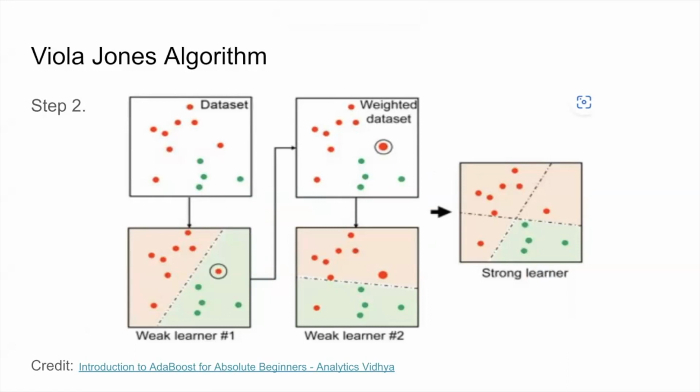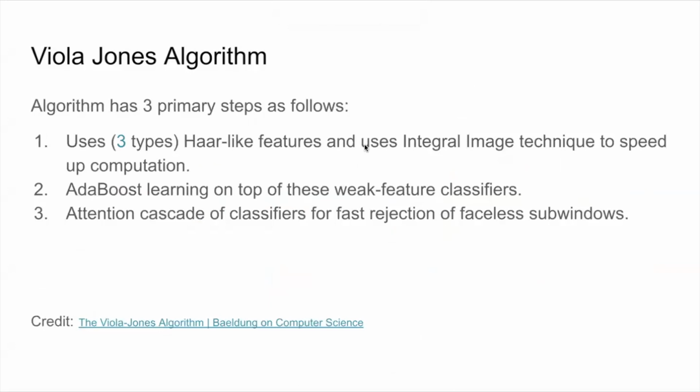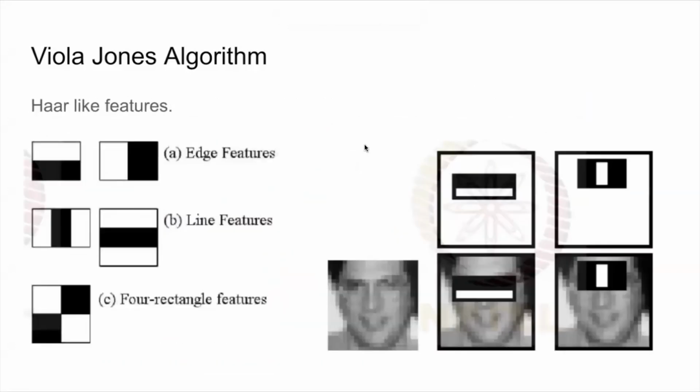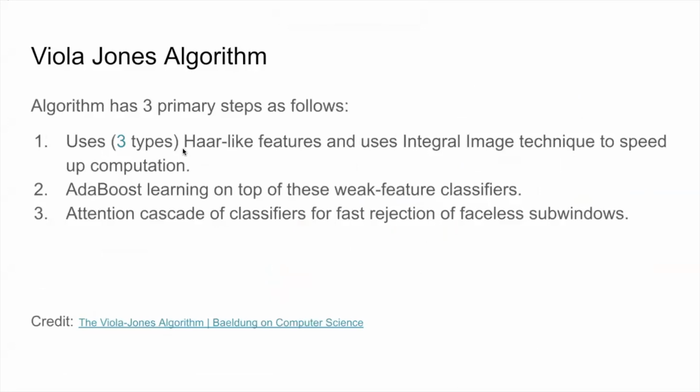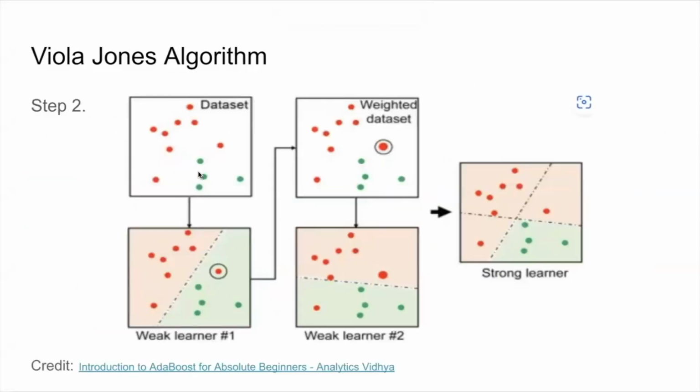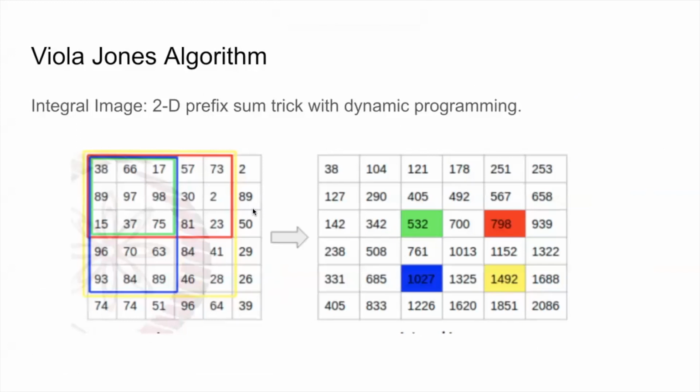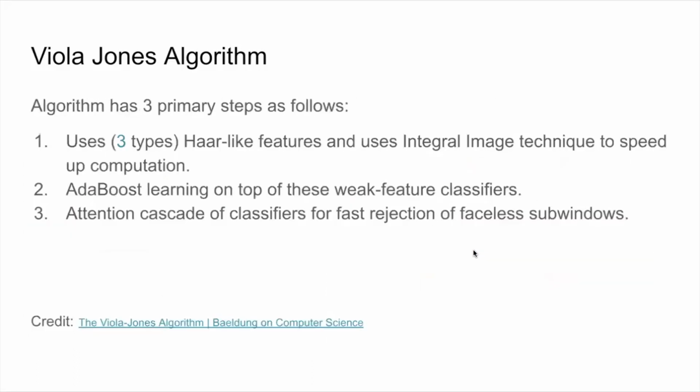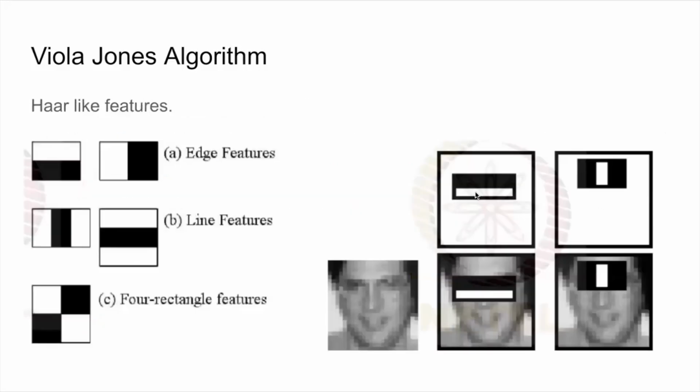That is the first step, where we use Haar-like features and the integral image technique to speed up the computation. Once we get an integral image, when we want to calculate the Haar-like features, we can just use it to calculate the corresponding features. The second step is AdaBoost learning on top of these weak feature classifiers.